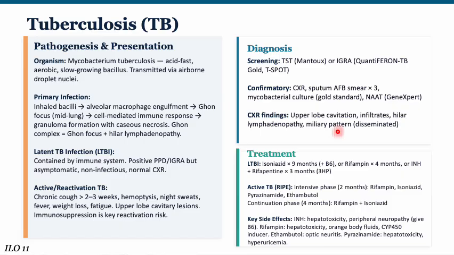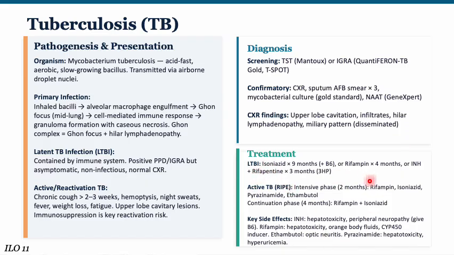Sometimes patients can have lesions in their vertebrae. I also had a patient that had acute on chronic kidney failure and was noted to have TB in his bladder. That was disseminated TB.